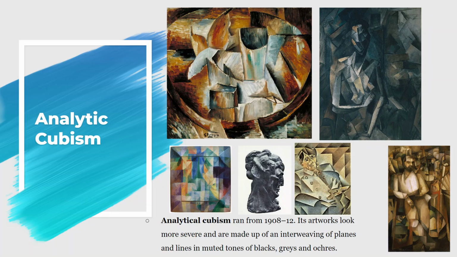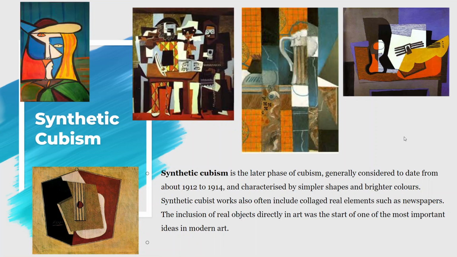There's a negative energy around analytical Cubism. Personally, even the rainbow ones, I'm still like there's something heavy in it. Where synthetic Cubism is more your bright, colorful, kind of pretty Cubism, and that's where you start seeing newspaper clippings, magazine stuff, extra materials that aren't necessarily oil on canvas.